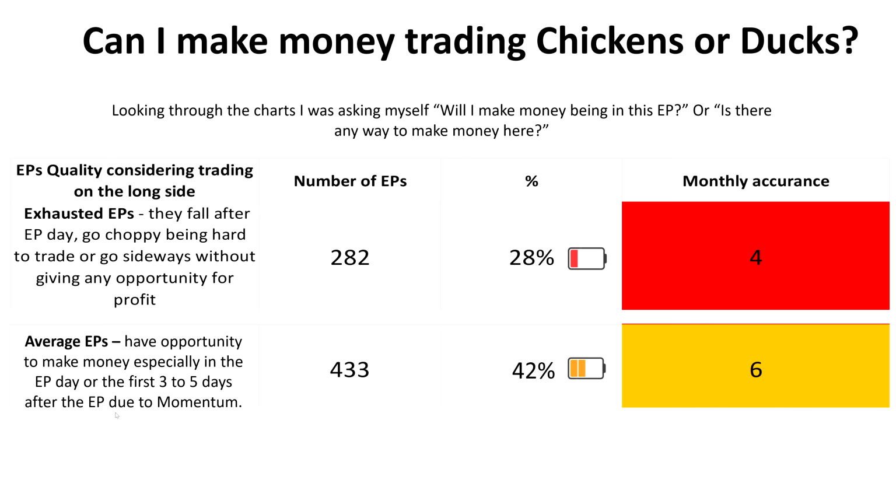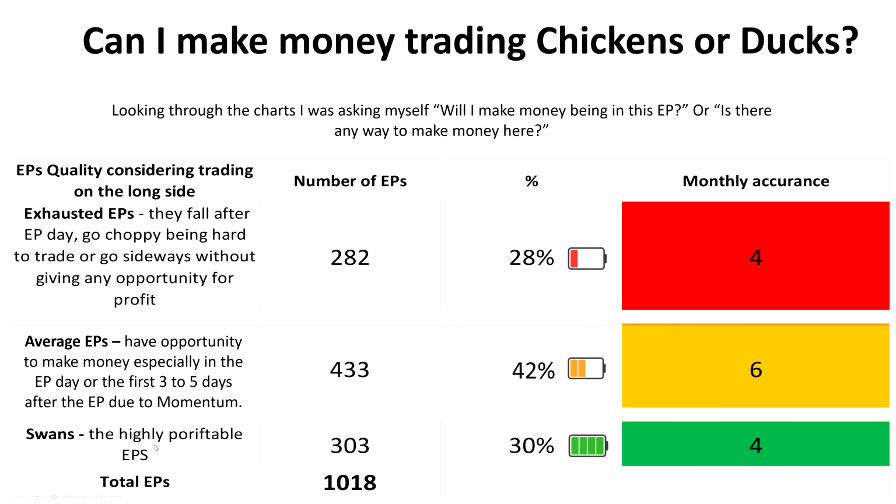So how I look at this is, okay, there are still some chickens and ducks, 6 of them per month, where I can make money in the first week of the EP, so in the first 3 to 5 days. Okay, I learned that, thanks. And of course, there are the swans. I keep them as always. It's 30% of them, 4 of them per month, which give a nice linear move up.